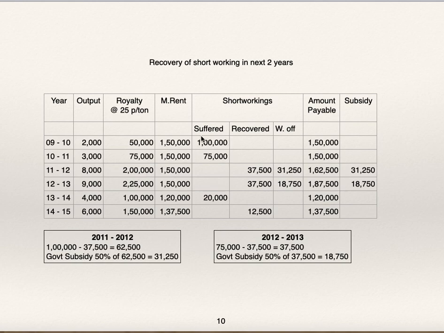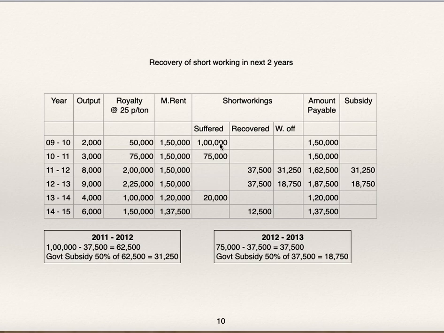He has suffered in the year 9-10 1 lakh. Now can he recover 50,000 in the year 11-12? No, he cannot. Why? Because the maximum amount he can recover is 37,500, which is given in the question. In a year he can recover only 37,500.